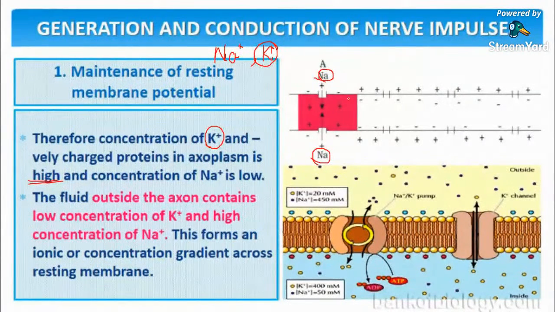Since the number of sodium outside the membrane is very high, we would say only positive ions are outside. So the outer side becomes positively charged, whereas the inner side, which contains potassium ions and no sodium ions, becomes negatively charged. Clear?